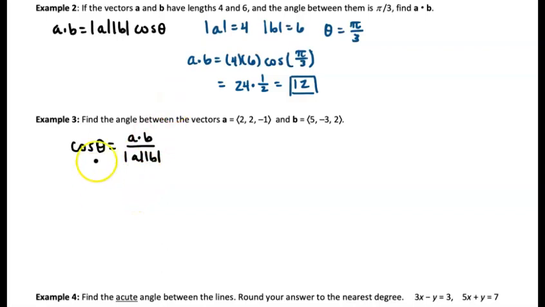That won't really help us out much. We just want theta. So we can find theta by taking the arc cosine of everything on the right side of this equation.